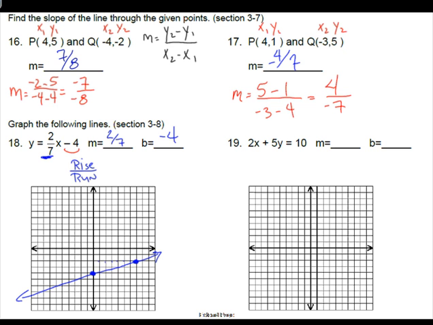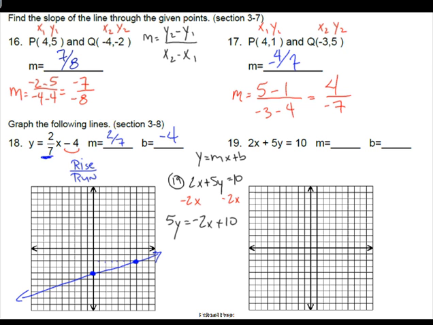For number 19, we need to do a little work on our equation first. I have 2x plus 5y is equal to 10. I need to get it into the form of y equals mx plus b. So I need to subtract 2x from both sides to start with. So I now have 5y is equal to a negative 2x plus 10.